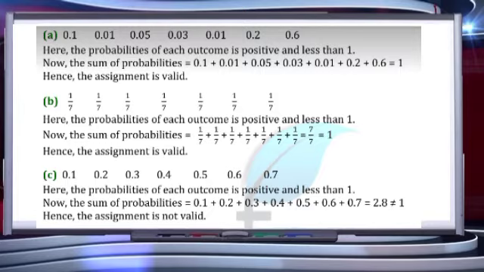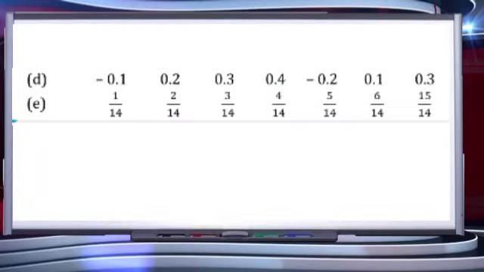Similarly, for the other two parts, as you can see in the D part, two probabilities are negative. One is minus 0.1 and the other one is minus 0.2, which is not possible.